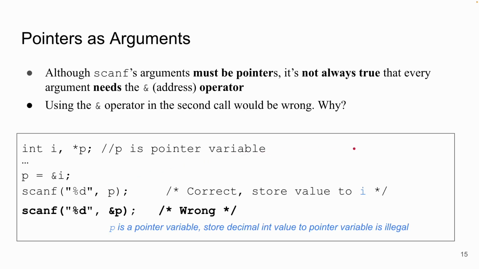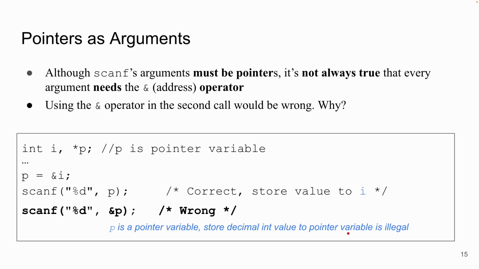So now you know that when you use scanf and the argument is already a pointer variable, you don't need to put the address operator, the & symbol, for the argument of scanf. The reason is that p is a pointer variable here, but what scanf is trying to do is to store a decimal integer value to the location it is given.